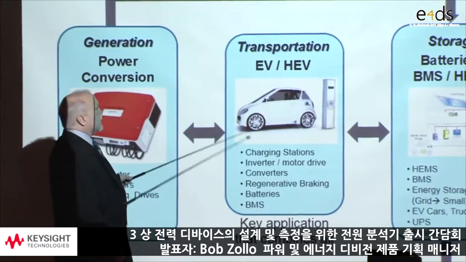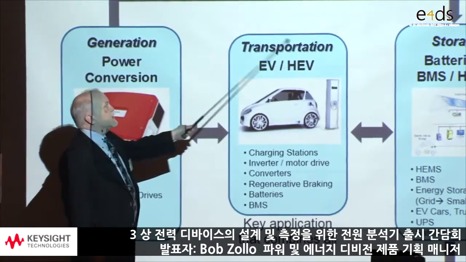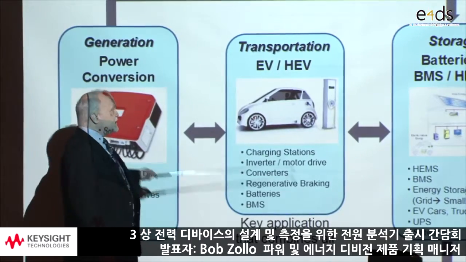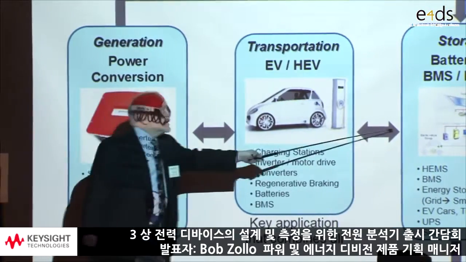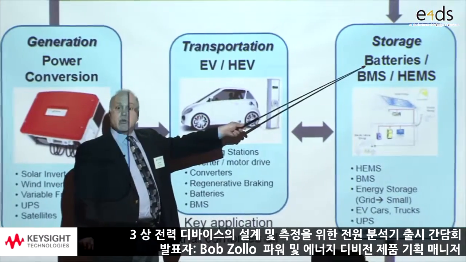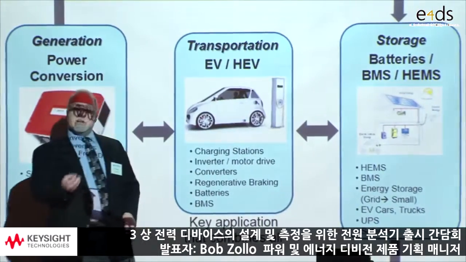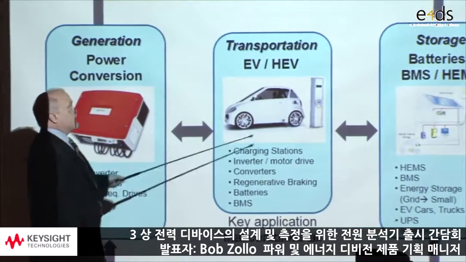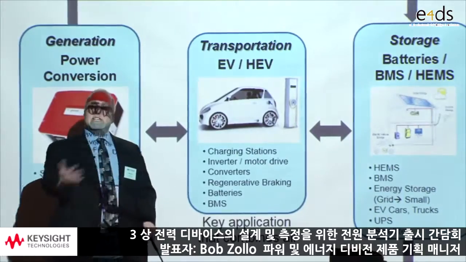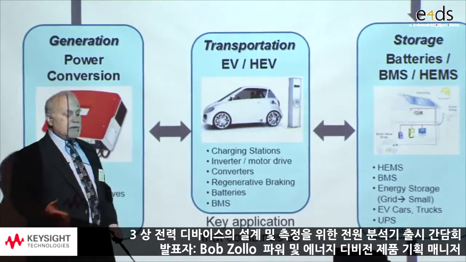An important point I want to make, though, is around transportation and electric vehicles and hybrid electric vehicles. This actually brings together both of these technologies. The cars, of course, have large batteries on board to store the energy, but there are also generation technologies. The energy in the battery needs to be converted from DC to AC to power the car's motors.